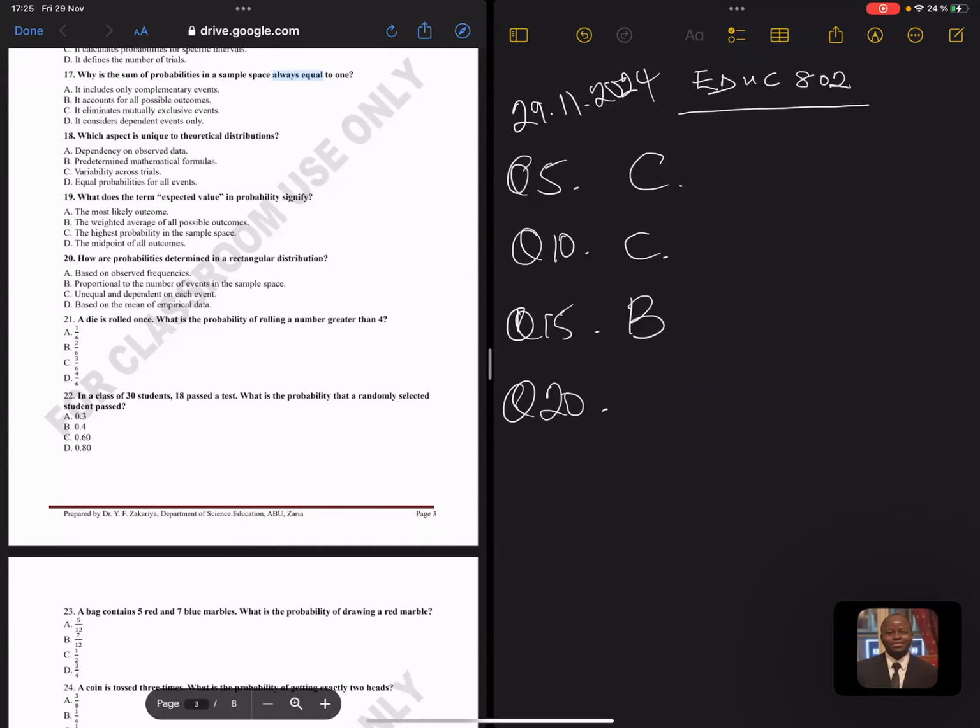Based on observed frequencies, proportional to the number of events in the sample space, unequal and dependent on each other, based on the mean of empirical data. The answer is what? Can you tell me? The answer is D, sir. Interesting. Wow, seriously? Maybe this is the first time I'm seeing mean appearing in probability, right?